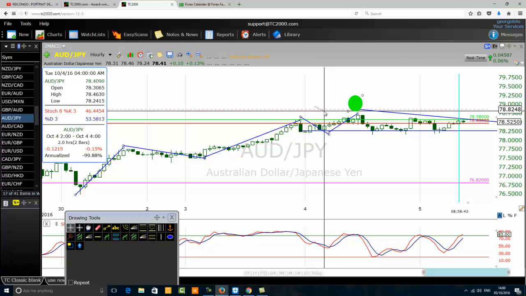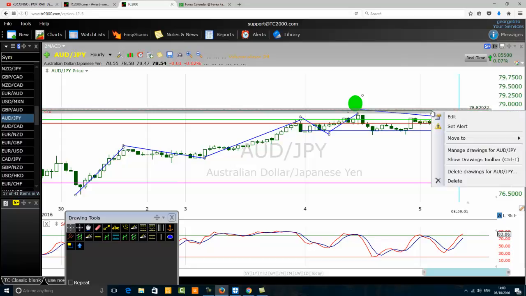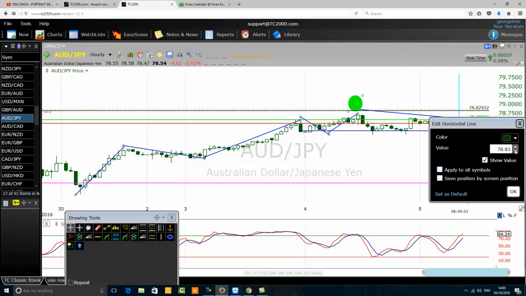Where do I put my target? Yes, at 7882. All right, I'll set my target at 7882. Bear with me, please. I believe it will go up more than that, but I will just place it there for now and we'll see how the price will move up.